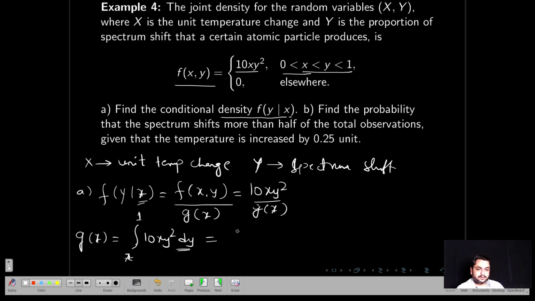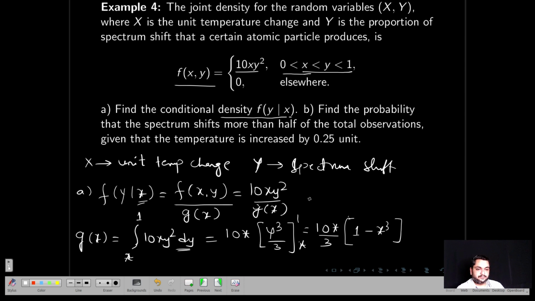Now you integrate with respect to y. The 10x is constant here. The integration of y square is y cube by 3 in the interval x to 1. This will be equal to 10x by 3, taking the 3 outside, times 1 minus x cube, since y cube at 1 is 1.